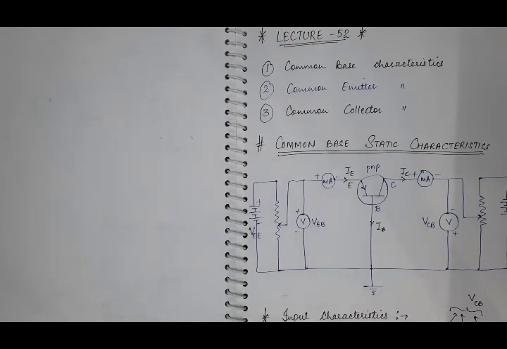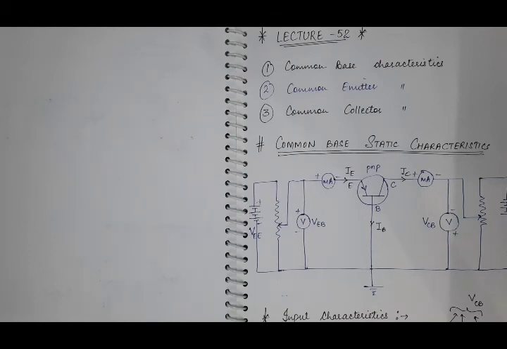Now as the base is common, we need ammeters to measure emitter current and collector current. That is why we have connected milliammeters. To measure the base current, because of the very small thickness of the base, the base current is very small and is of the order of microamperes.